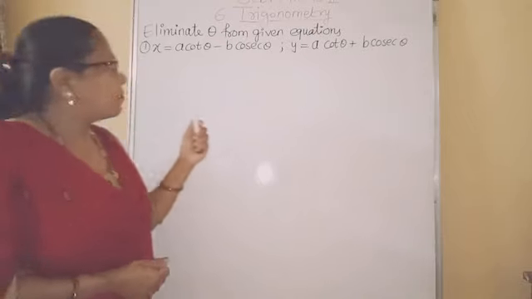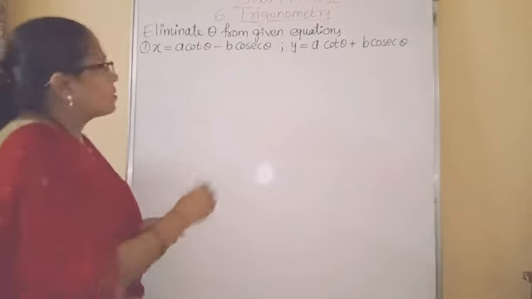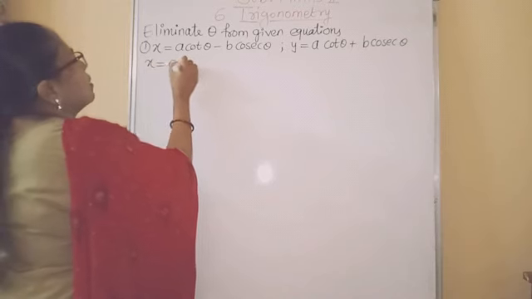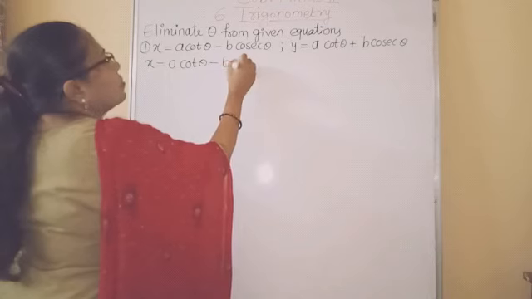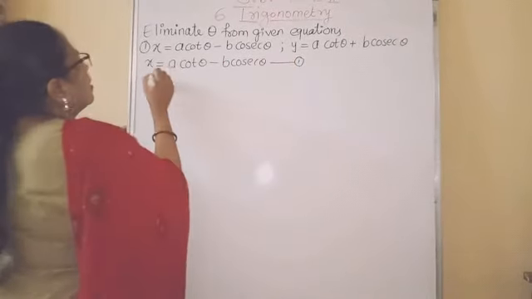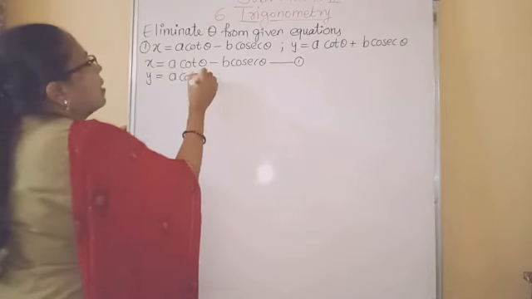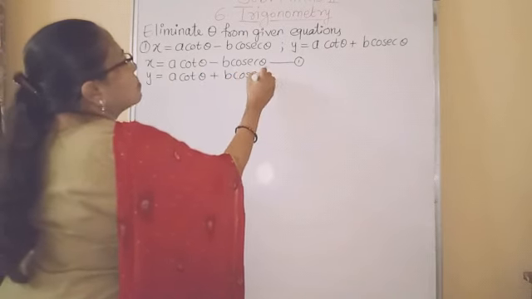Okay, so let's solve the equation. First we will write these equations and give them numbers. First is x is equal to a cot theta minus b cosec theta. This is the first equation. Y equal to a cot theta plus b cosec theta.